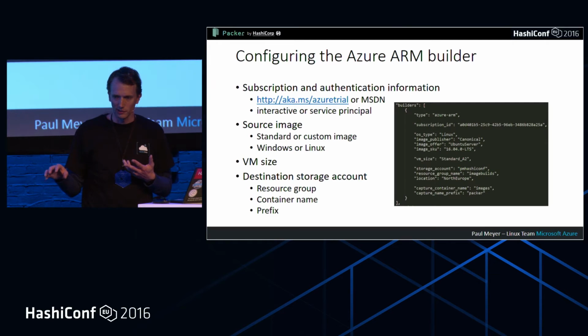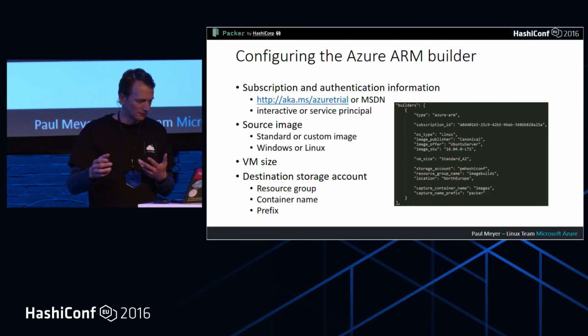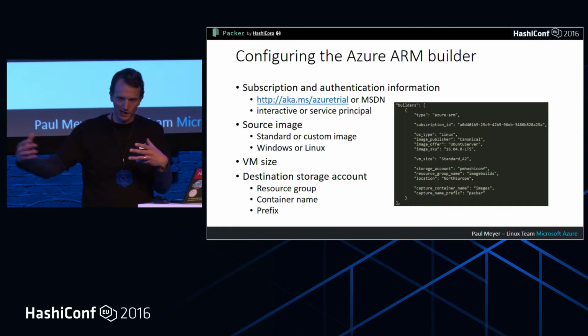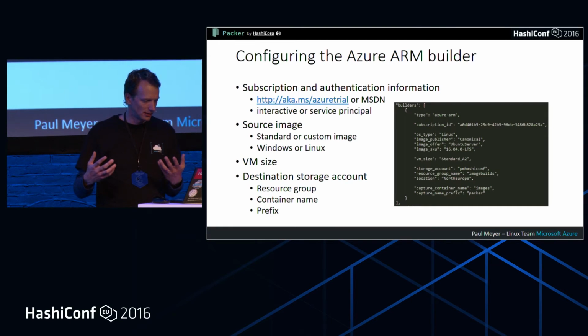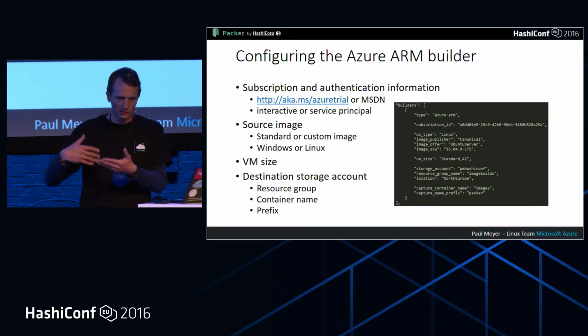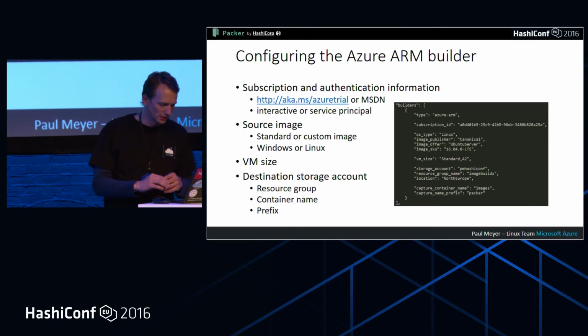I'm thinking about maybe simplifying this and having it go through all of the resource groups that it has access to and trying to find it that way. So there might be a pull request for that pretty soon. There is a container, so this is basically a path in the blob storage account, and a prefix that you can give so that you can easily store more builds next to each other. And that's sort of it.